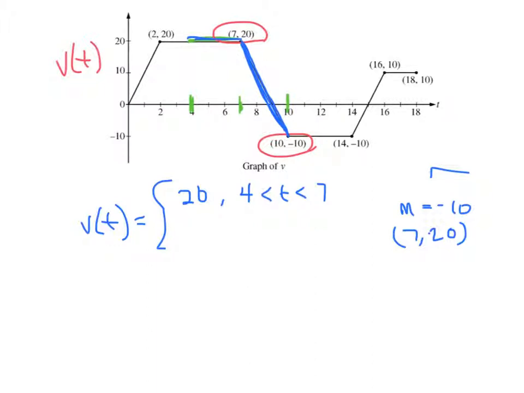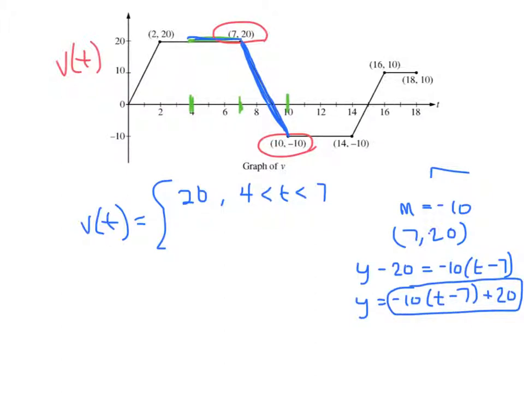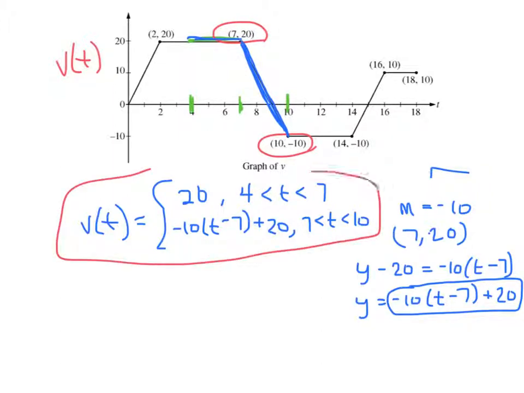I would say y minus 20 equals negative 10 times (t minus 7), which of course would be y equals negative 10 times (t minus 7) plus 20. So this is the expression for velocity from 7 less than t less than 10. This is my piecewise function that expresses velocity for that graph between 4 and 10.